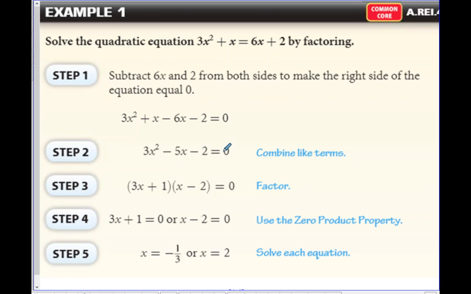Now that you've got it equal to 0, you want to think, could I factor this and then use the zero product property? Yeah, you can factor it. So now that you've got this times that equal to 0, you can say 3x plus 1 has to be equal to 0, or x minus 2 has to be equal to 0. And then when you solve it, you get negative 1/3 or 2.